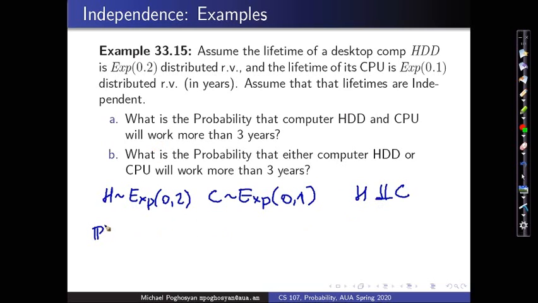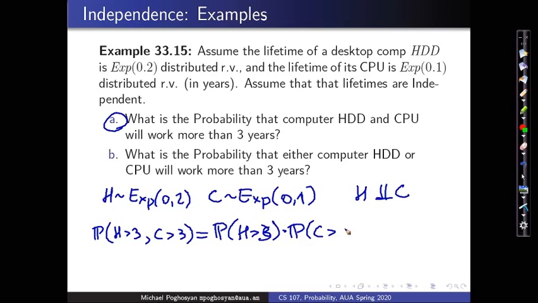I'm solving the A part. What is the probability that the computer's HDD, hard disk, and CPU will work more than 3 years? So H is larger than 3 and C is larger than 3. Because of independence, I can write this as the probability that H is larger than 3 times the probability that C is larger than 3, the CPU lifetime.